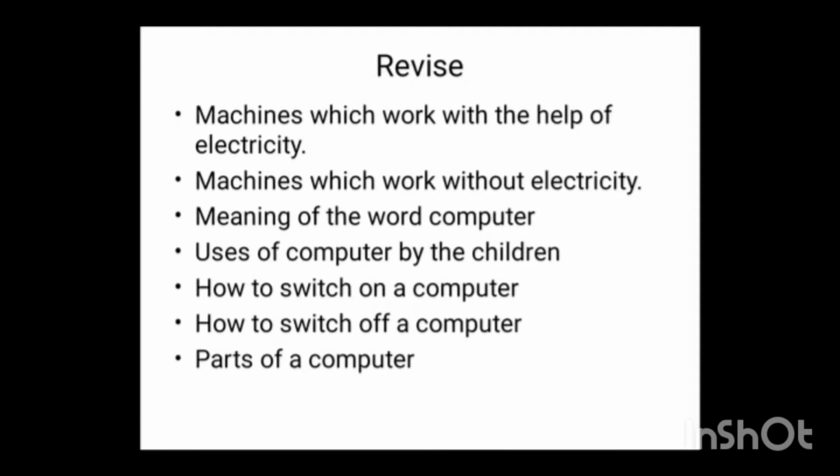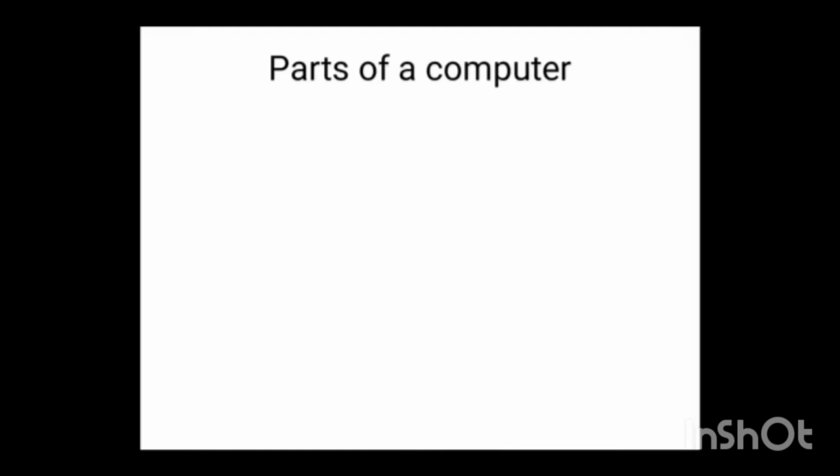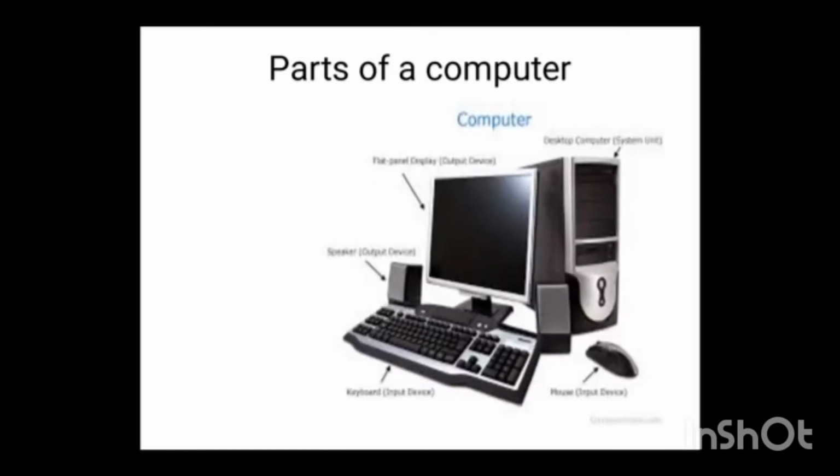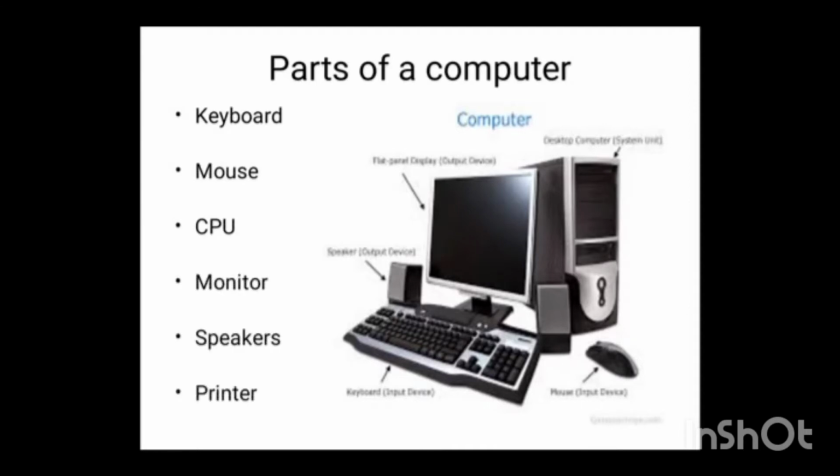Now let us see in detail the parts of a computer. We already learned that the parts of a computer are keyboard, mouse, CPU, monitor, speakers, and printer. These are the main parts of a computer.